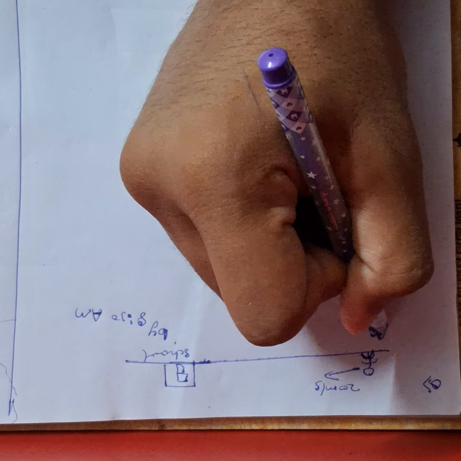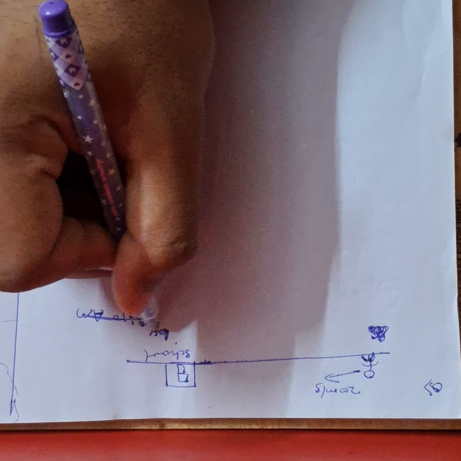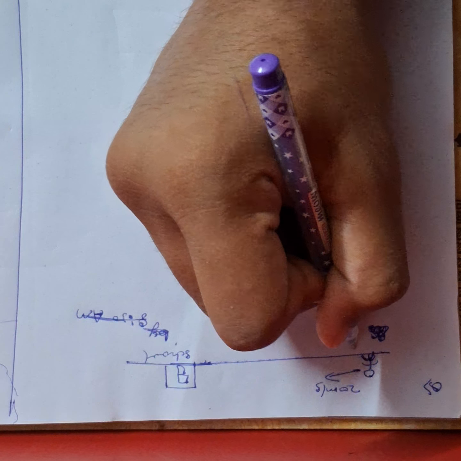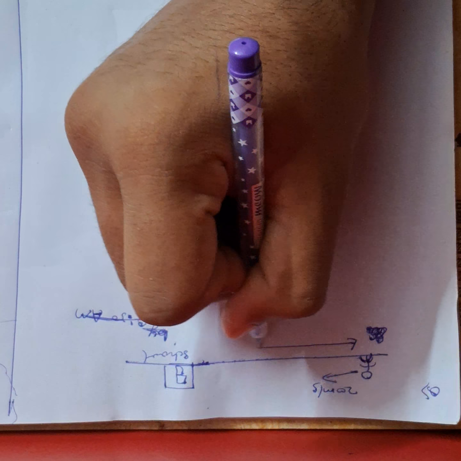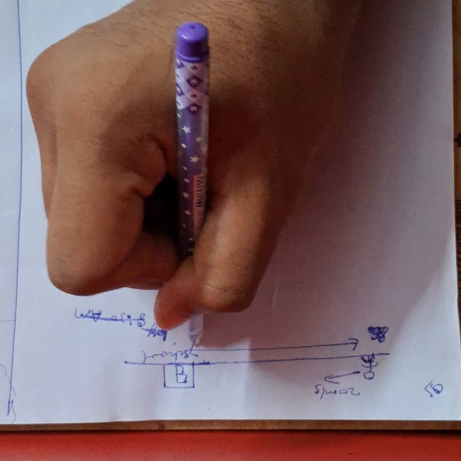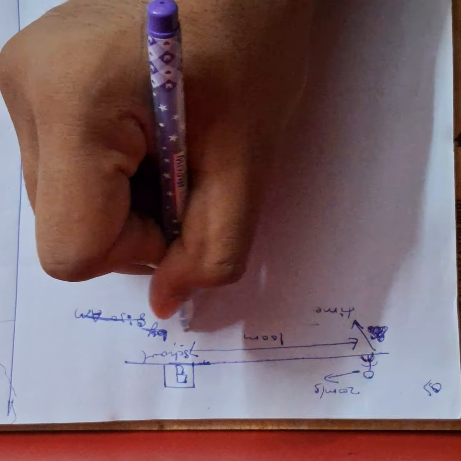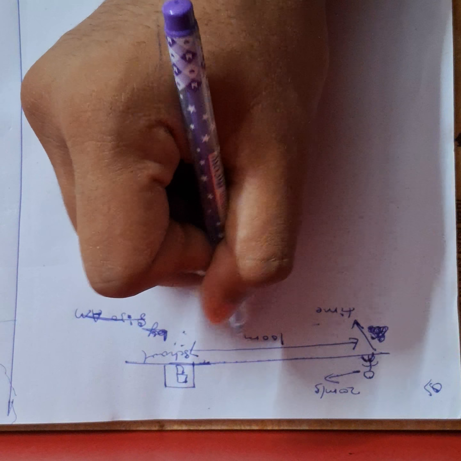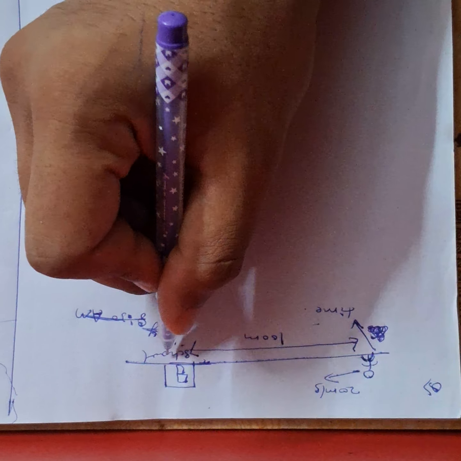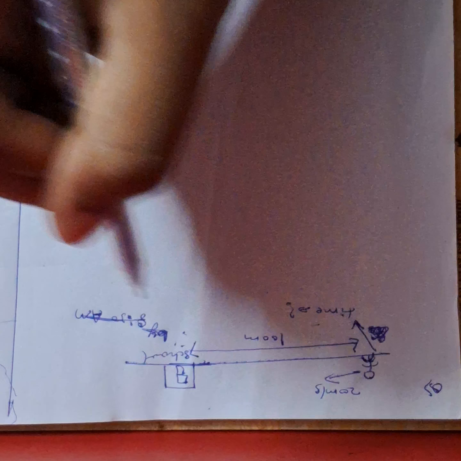The distance from the school to the person is 100 meters. So we have to find the time taken by this person to cover this 100 meters, or the time taken by the person to reach his school. How do we find it?